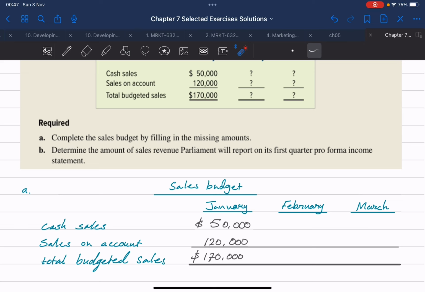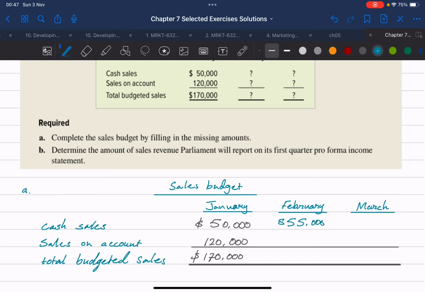An easier way is to just type in the 50,000 and multiply it by 1 point the percentage increase given in the question. In this case, it's 10%, so I multiply 50,000 by 1.1, which is 110%, and that gives me 55,000.